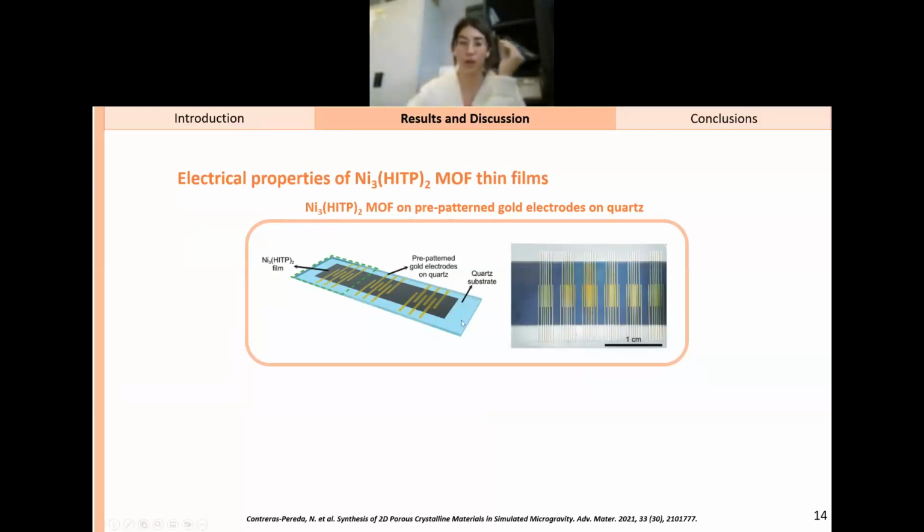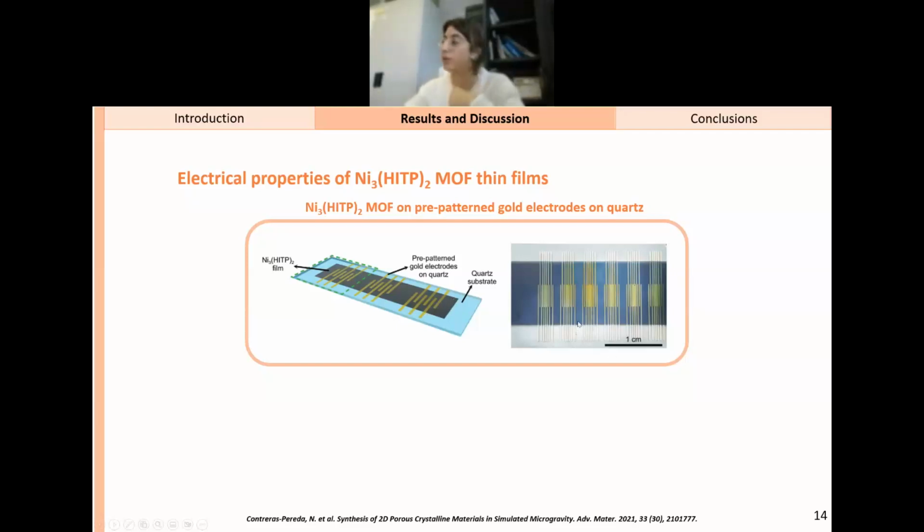First, because I have shown these results where the quartz substrates and the gold substrates had the same morphology and same orientation, in this case they used a quartz substrate where they first sputtered some gold electrodes on top. After the gold electrodes were deposited, they performed the reaction on top of that, so they built the MOF on top of the gold and the quartz.